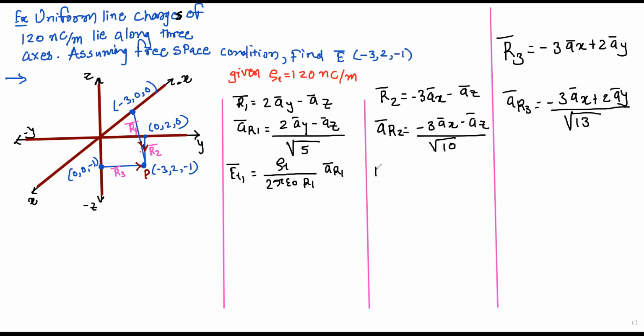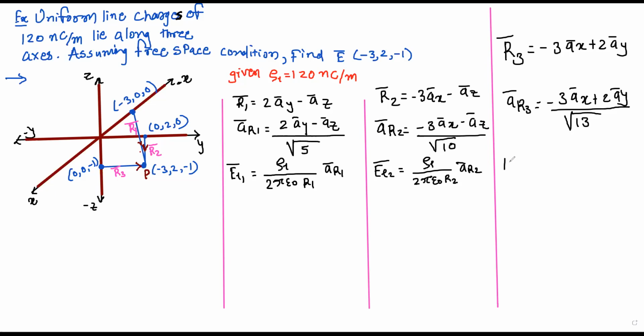Similarly, I can write here EL2. EL2 is the electric field intensity due to an infinite line charge placed on the y-axis. So here I can write rho L divided by 2 pi epsilon naught R2 a bar R2.